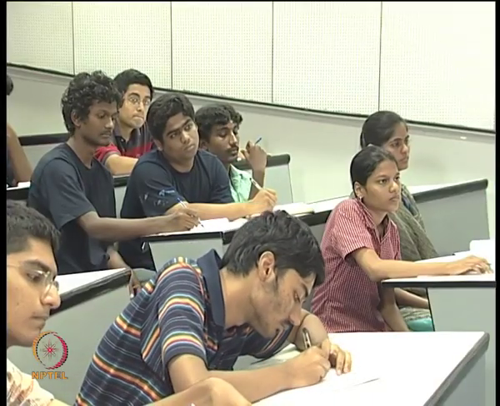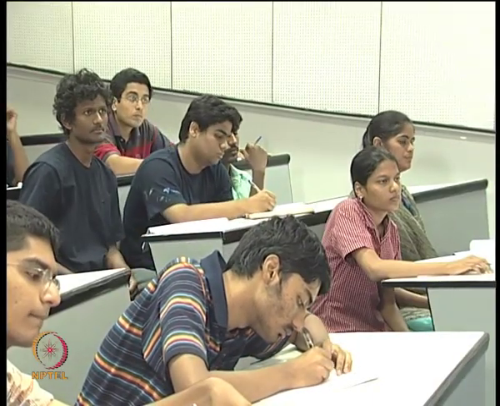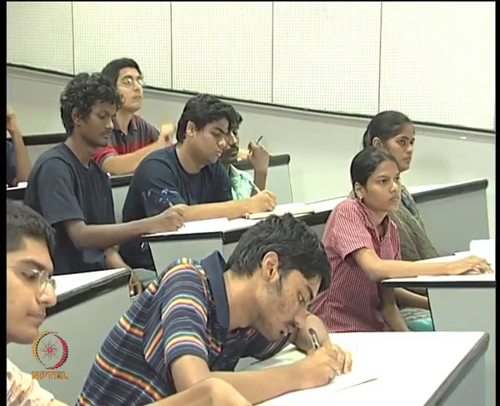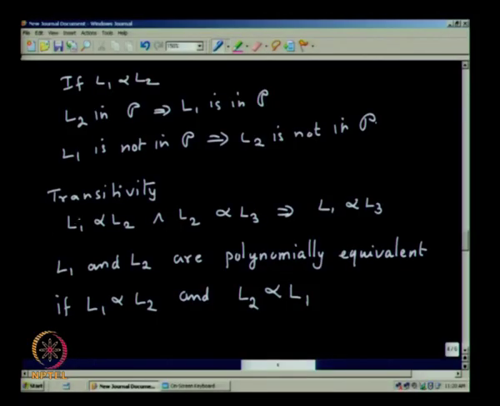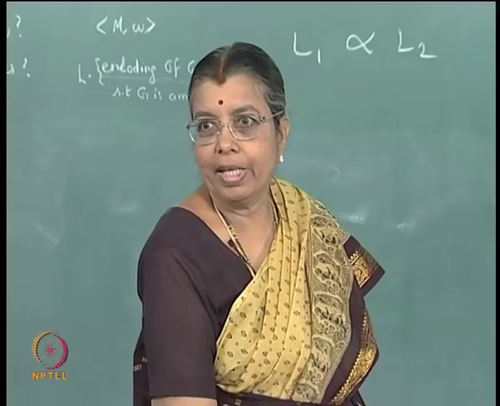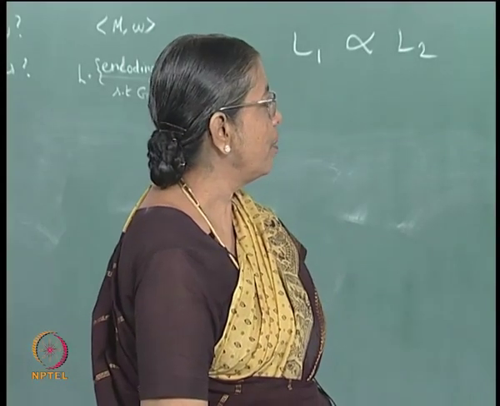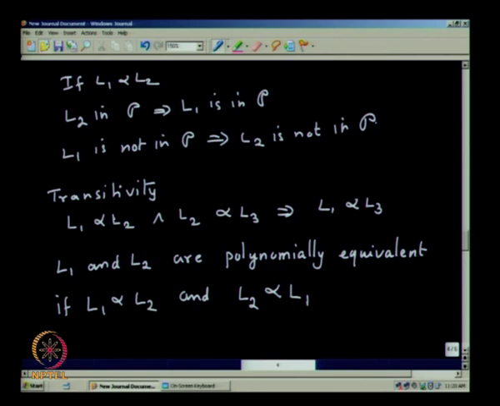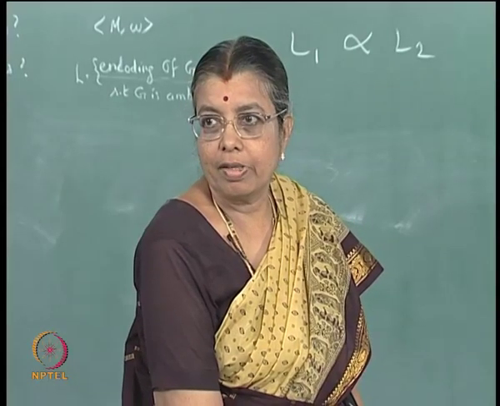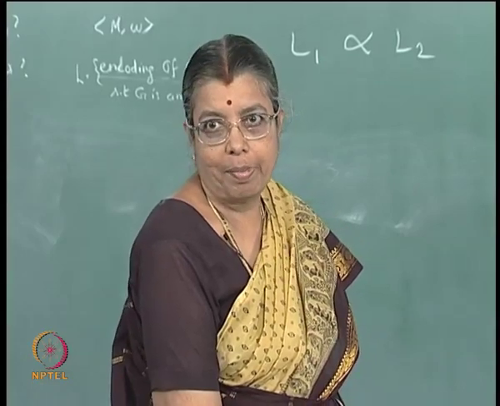Okay. Now, transitivity you can very easily see. If L1 can be polynomially transformed to L2 and L2 can be polynomially transformed to L3, then obviously combining the two, one Turing machine can transform L1 to L2, and that is a deterministic Turing machine working in polynomial time, and another Turing machine can transform L2 to L3, that is also done by a deterministic Turing machine in polynomial time.